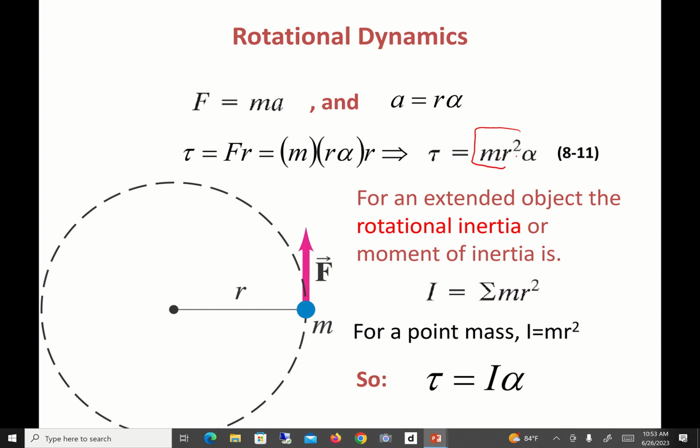So the equivalent equation has an m r squared when I relate the force to the acceleration. And that m r squared we call the rotational inertia. If you just have an object of mass m rotating in a circle, its moment of inertia is m r squared. And so then we say that torque is equal to I times alpha, where I is the moment of inertia. The unit for that is kilograms meters squared.